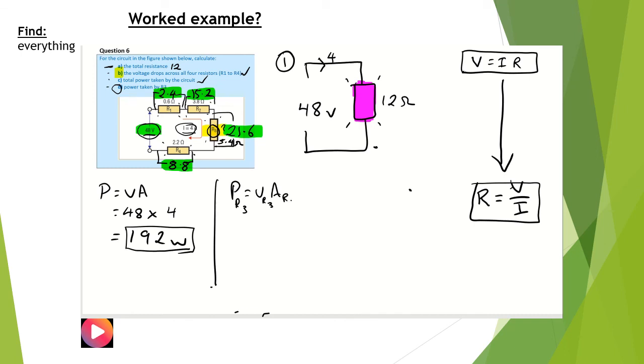So the voltage across R3 is 21.6 volts multiplied by the current in the circuit, and the current in the circuit is constant. It doesn't change, it goes through every resistor. It's 4 amps. So 21.6 multiplied by 4 equals 86.4 watts.